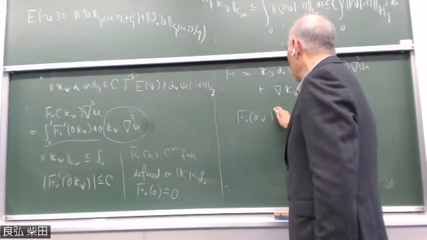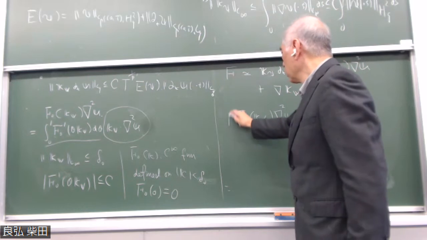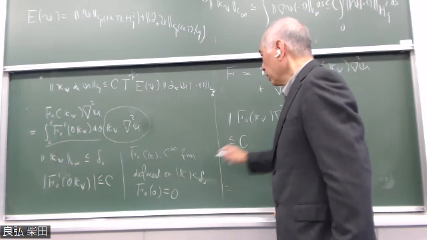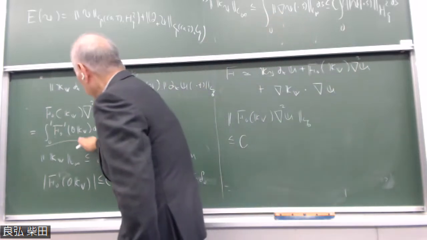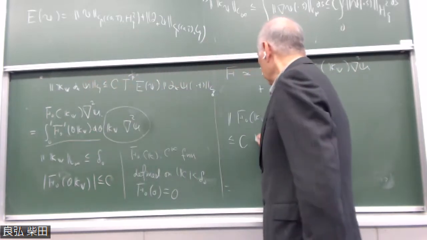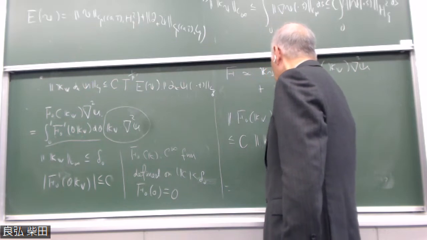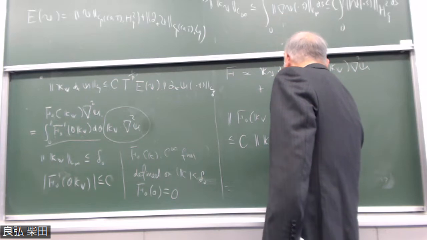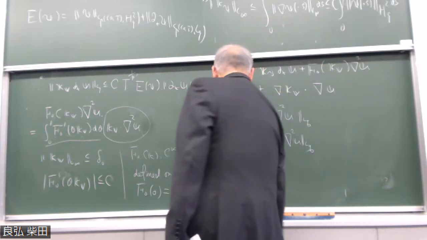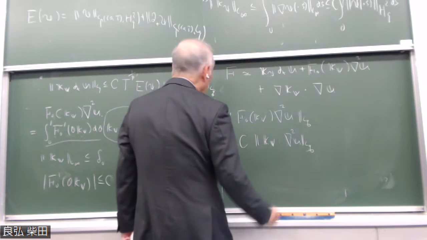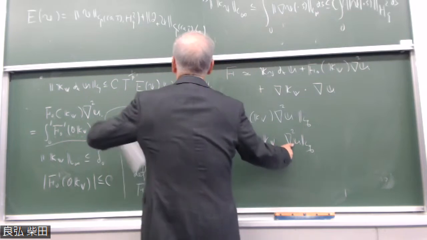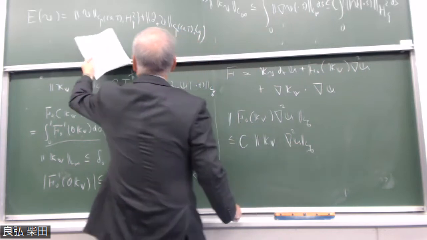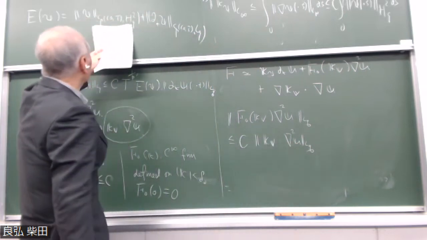The constant comes from here, and then the second derivative of U is just LQ, right?